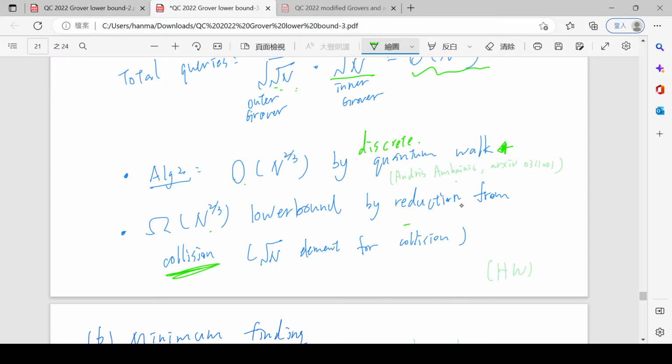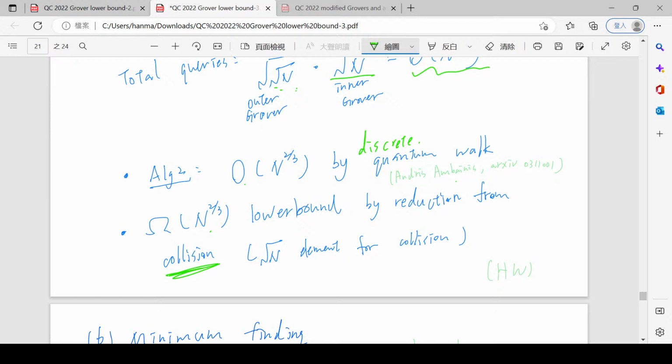And yeah, you can do that in your homework. So, any question about element distinctness? It's quite a cool subject.